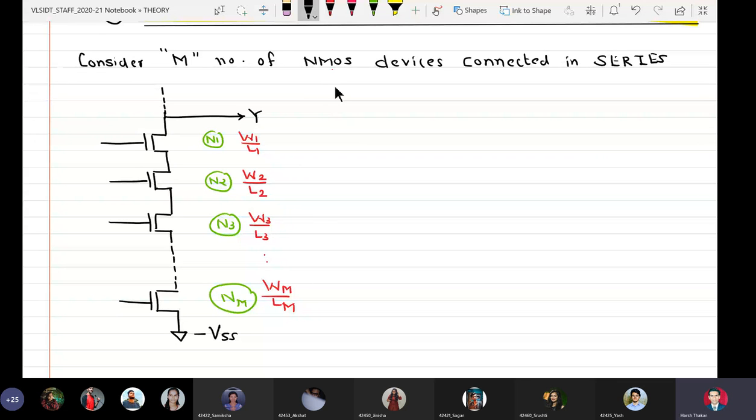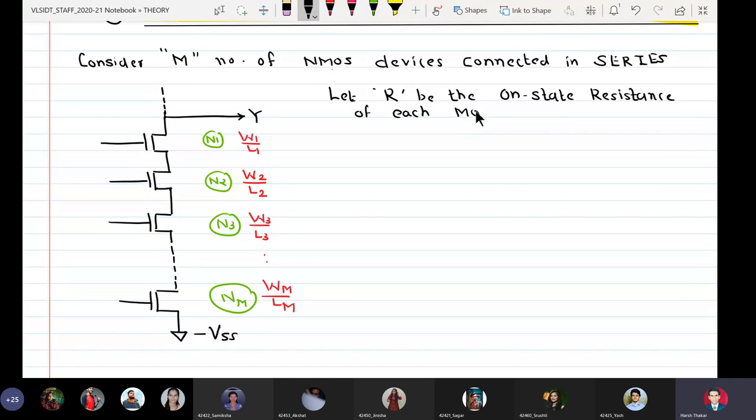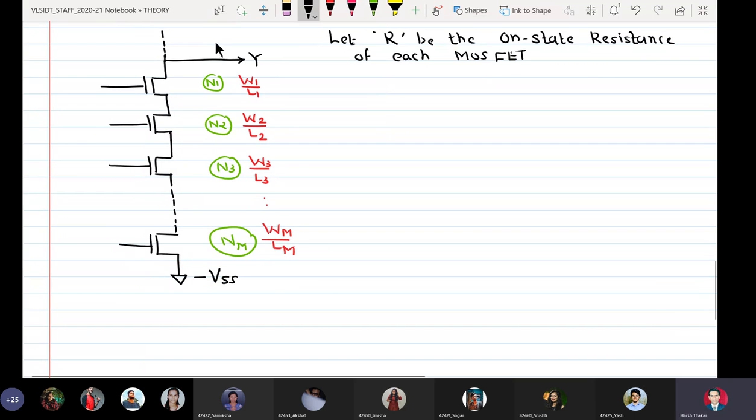Let R be the on-state resistance of each MOSFET. That means we have to replace each MOSFET with a resistance.